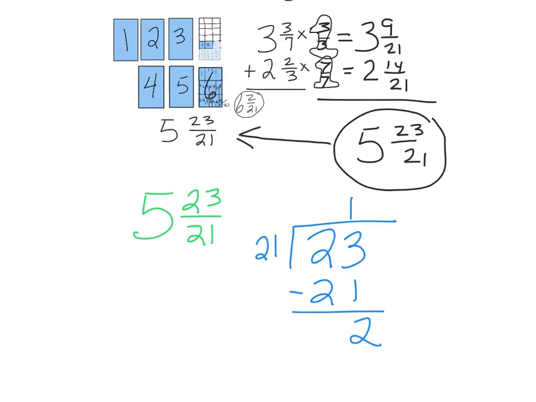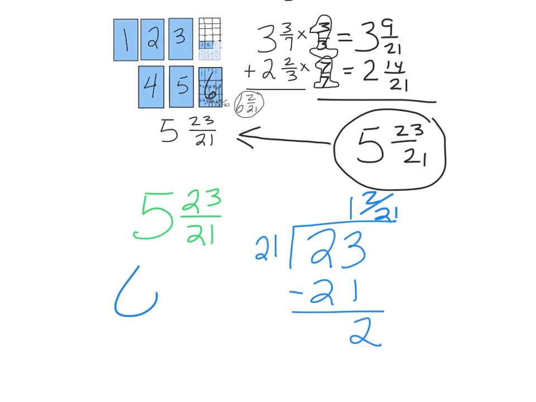So now, here's the cool thing. You take your remainder, and that becomes your numerator, right? So I get 2, and then your denominator is your divisor, right? So 21. So I get 1 and 2/21, right? But now I got to take this 1 and add it to this 5, right?